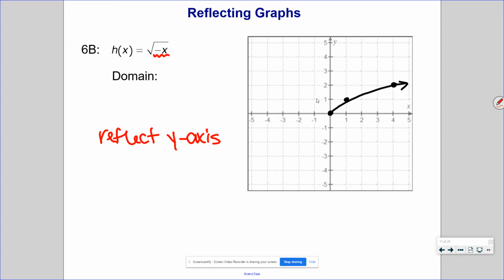So that's like flipping side to side. So my graph will look like this. This is called h of x. What's my domain for this one? Well, my domain points to negative infinity because it's the left side. So negative infinity, and it stops when x is 0.